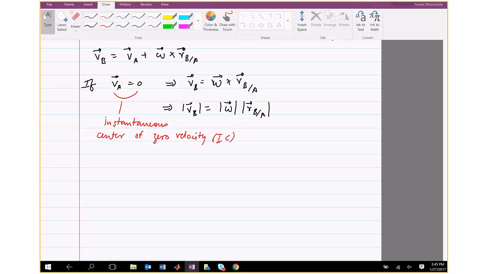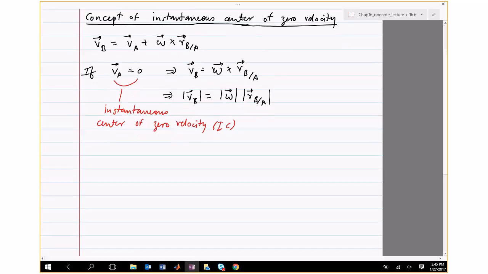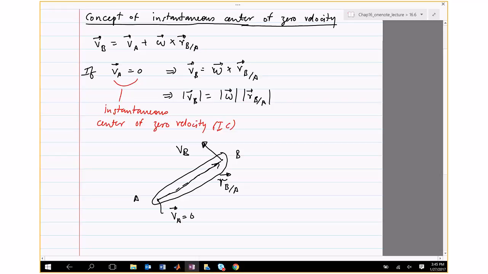So to give you an intuitive understanding of this, if there is a link, this is point A, this is point B. If this is the instantaneous center, the velocity is 0. B is going to have a velocity which is going to be at right angles to the vector drawn from A to B. So this is a vector R, B to A to B. VB is going to be this way only if the angular speed of this body is in the anti-clockwise or counterclockwise direction.